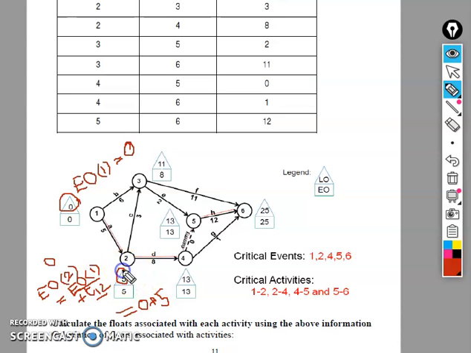Then how can I find the earliest occurrence of 3? You can calculate in two different approaches.